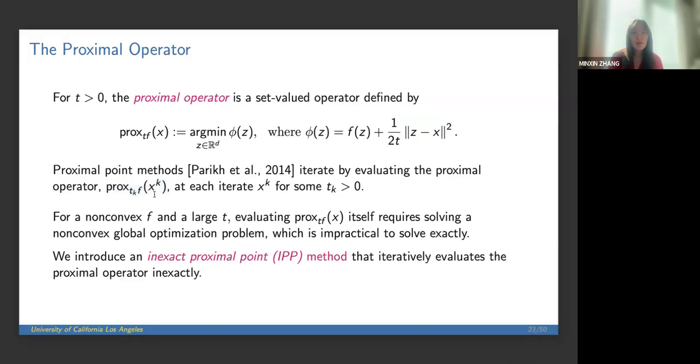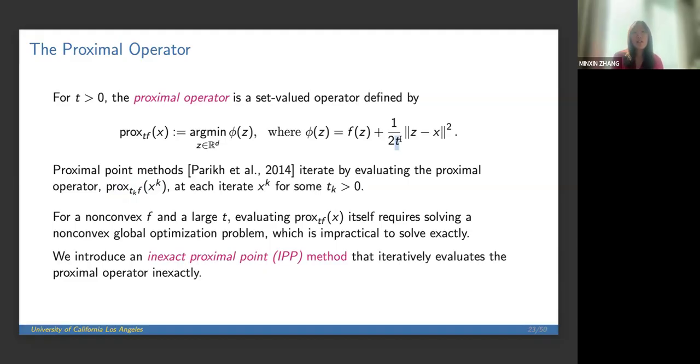So basically, if you start with an x0, then in the next step you compute the proximal operator to get x1. Or starting from xk, you compute xk plus 1 by computing this proximal operator, which means you want to minimize the quadratic regularized function. For a non-convex function, t is basically the weight coefficient on the quadratic regularization.